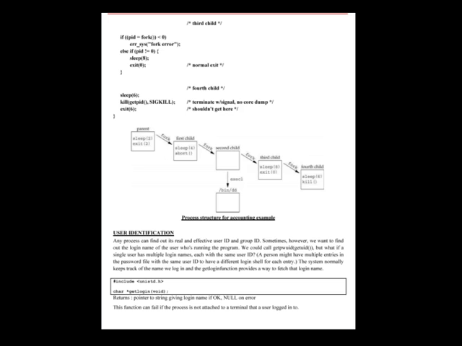A person might have multiple entries in the password file with the same user ID to have a different login shell for each entry. The system normally keeps track of the name we log in, and the getlogin function provides a way to fetch that login name. See the syntax here. Returns pointer to string giving login name if OK, NULL on error. This function can fail if the process is not attached to a terminal that a user logged in to.